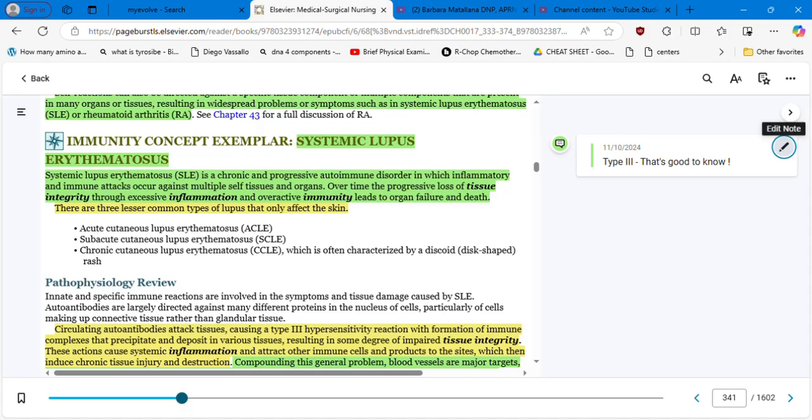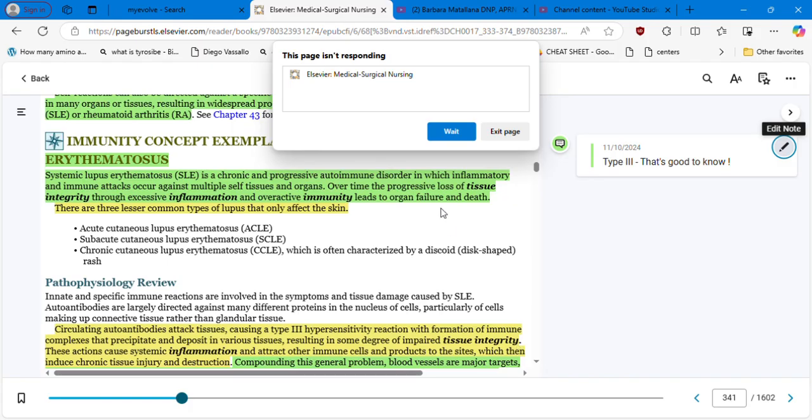So the pathophysiology is circulating autoantibodies attack tissues, causing a type 3 hypersensitivity reaction with formation of immune complexes that precipitate and deposit in various tissues, resulting in some degree of impaired tissue integrity.